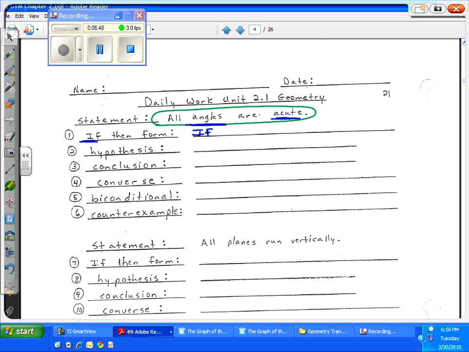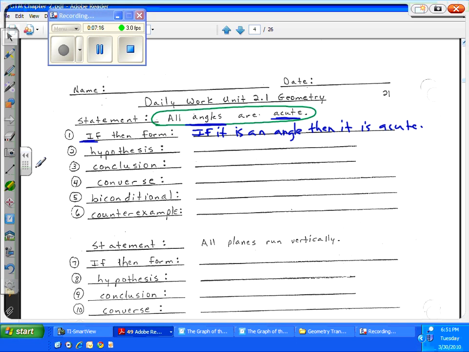We have to say some pronoun. It, he, she, they. An angle is an it, right? So we'd say if it is an angle, then it is acute. See how we turned that statement into an if-then statement.